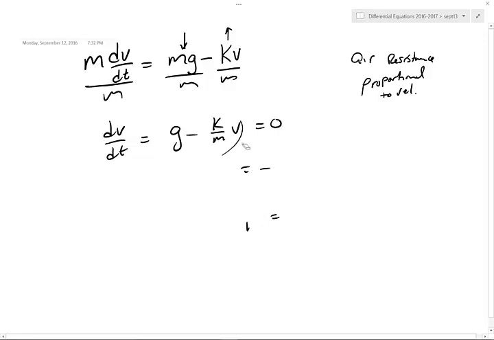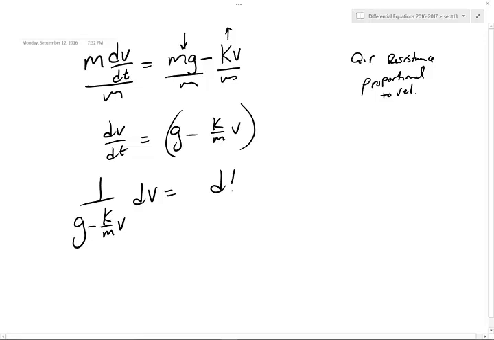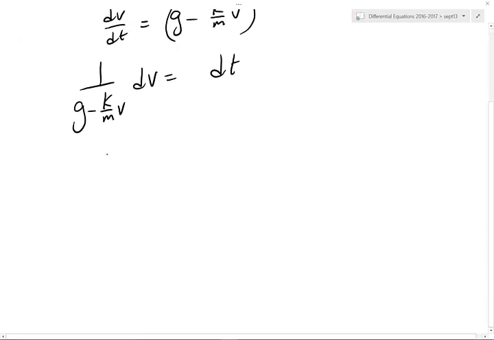Now the question is, is this a separable differential equation? Of course the answer is yes. So I'm going to treat this as all one number and divide by this mess. I can't do that in my head, so I'm going to say g minus k over m v equals u.